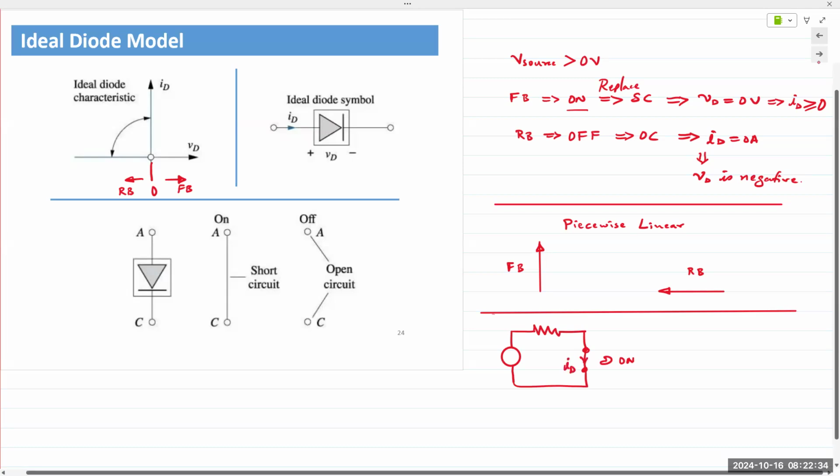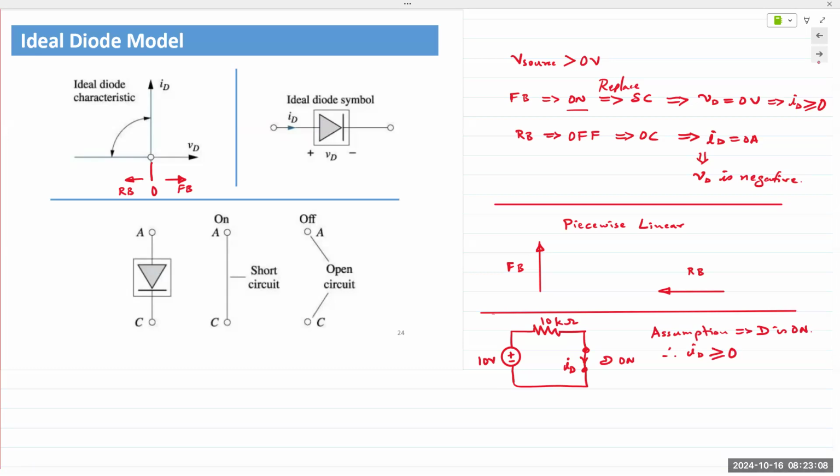Meaning ID must have some positive value. So ID should be greater than 0. ID must be greater than 0.